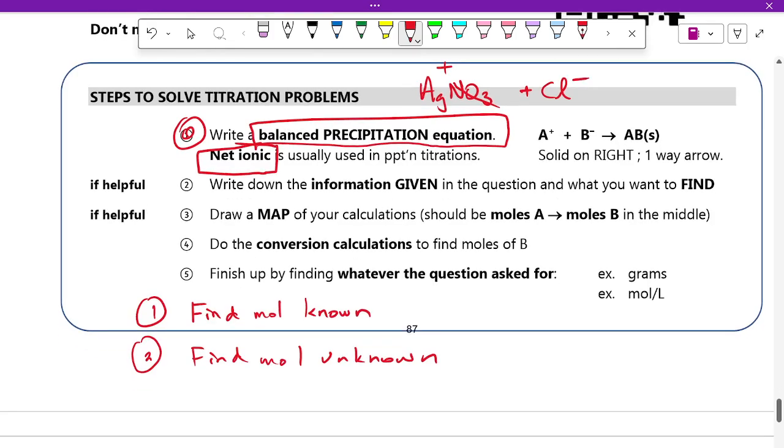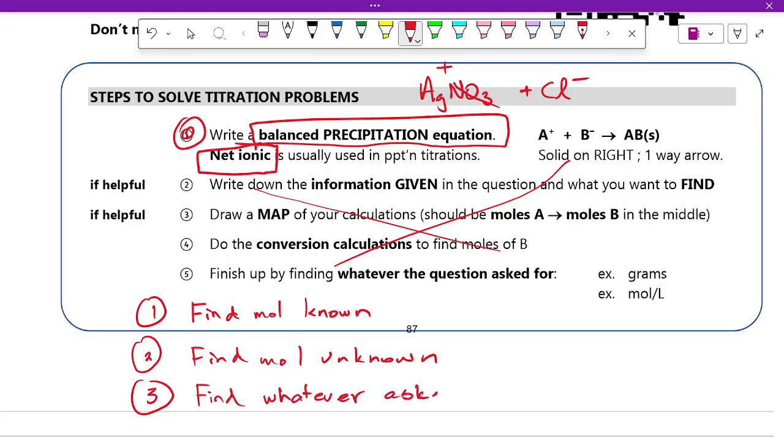And then step 3 is find whatever. I think those are better steps than what's up there, because it's just more straightforward. It's like find moles, find whatever. Is that good? Okay.